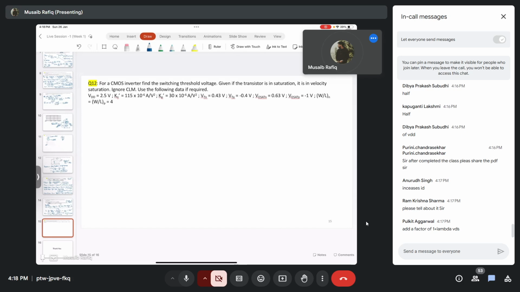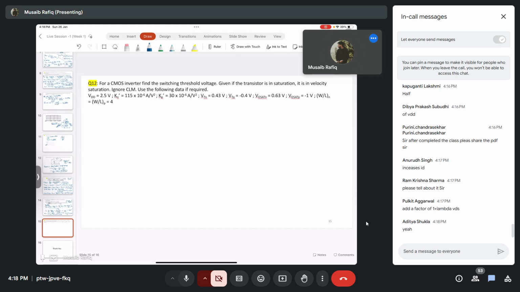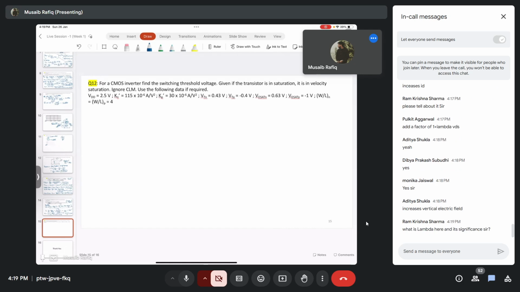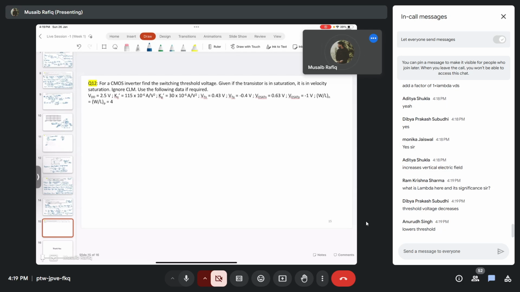And have you seen drain induced barrier lowering, DIBL? It's another short channel effect. It lowers the threshold voltage as the VD increases.